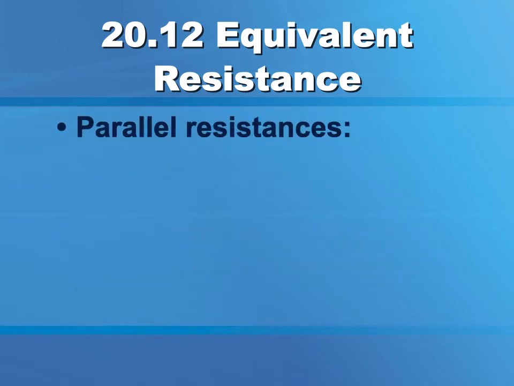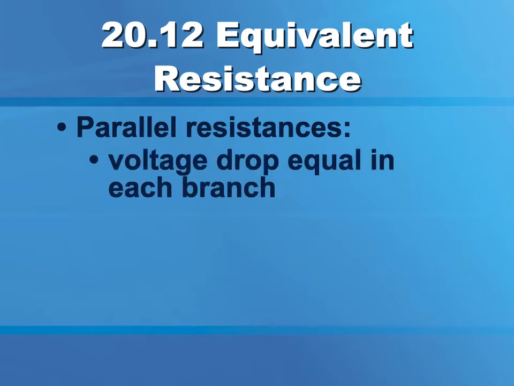For parallel resistances, the voltage drop is equal in each branch. Remember, we talked about that a little bit already. So they give the example of a box on top of a platform, and it's going to go down either a steep slide or a shallow slide, but its drop is the same on both sides. So the total drop is the same.